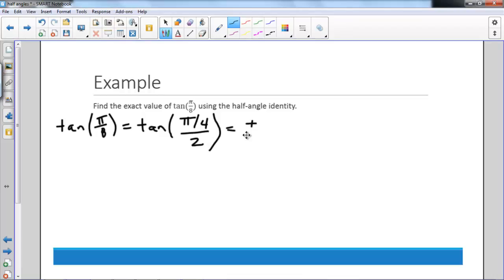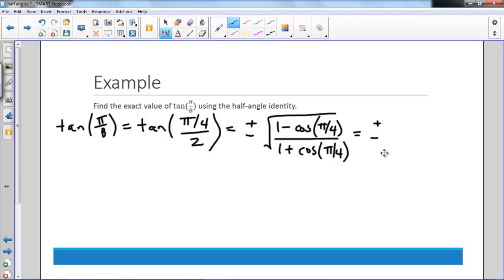Okay, using my formula, I have plus and minus the square root of 1 minus cosine theta, which in this case my theta is pi over 4, divided by 1 plus cosine of pi over 4.